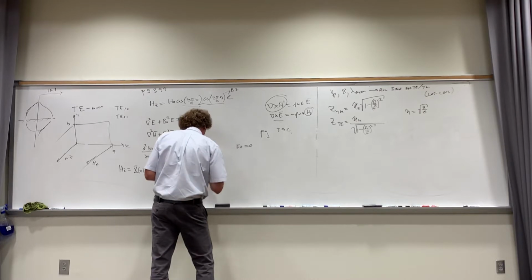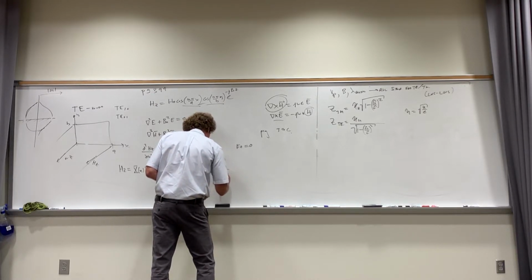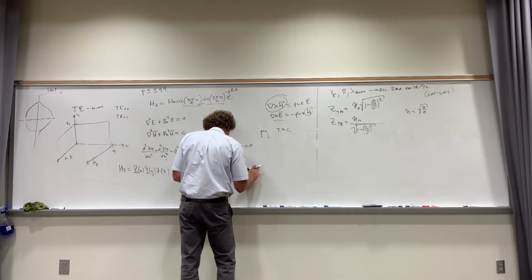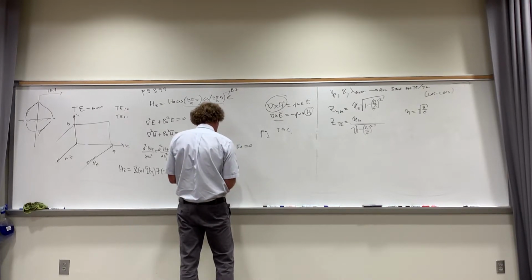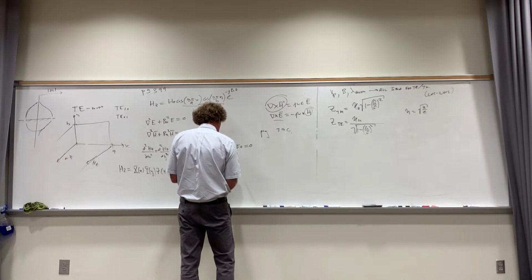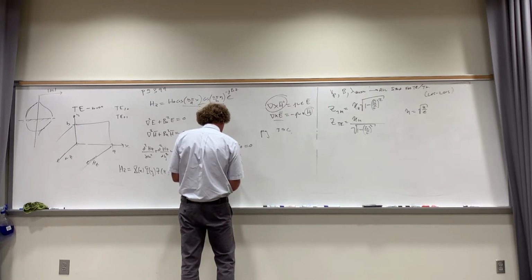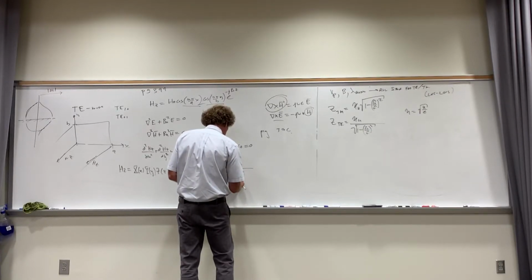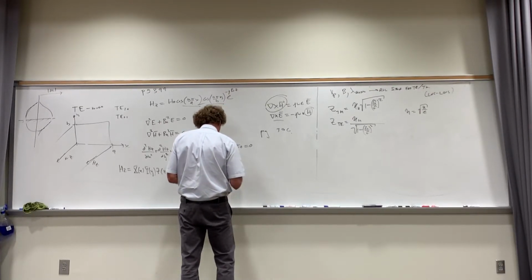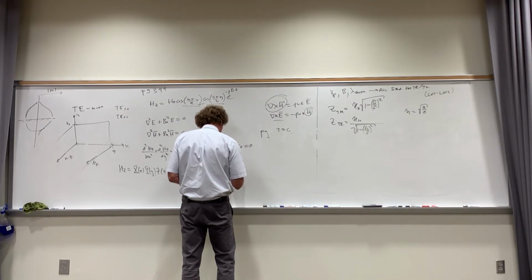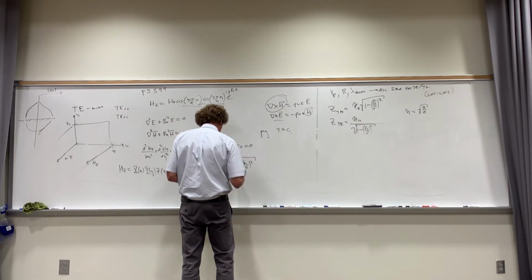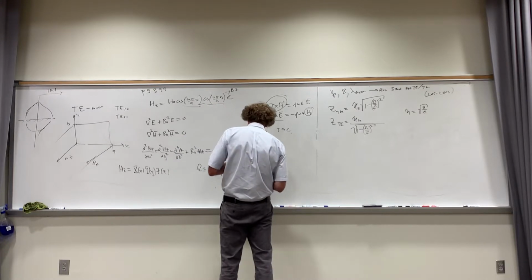I'll do it this way. When I give you the cutoff frequency, it's 1/2 square root of mu epsilon, and then it's equal to that.